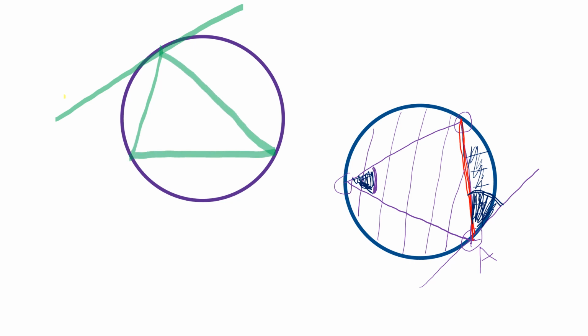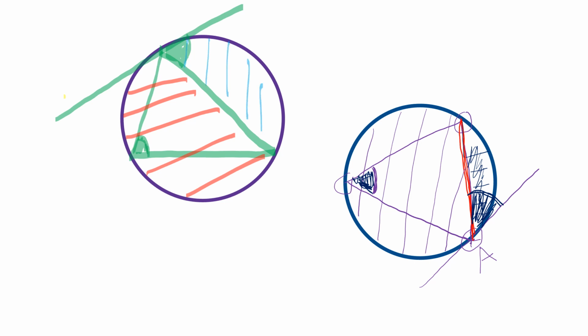If I'm interested in this angle, then this angle will be equal to this one here. You see the two different segments. Let me highlight for you the two different segments, the one in red and the one in blue. So the two angles must be in different segments. That's called alternate segment. All right, let me show you another one.